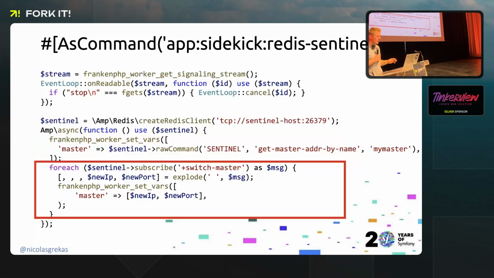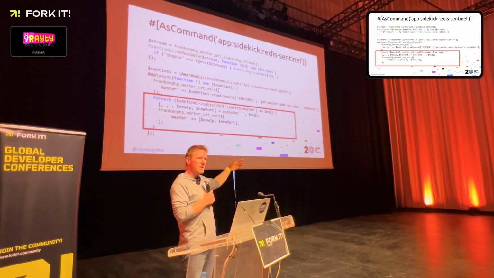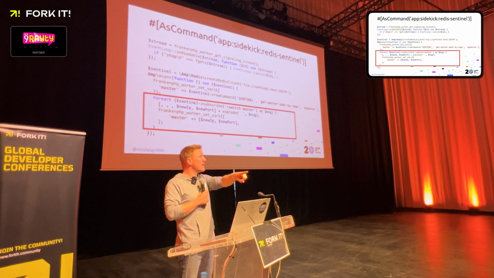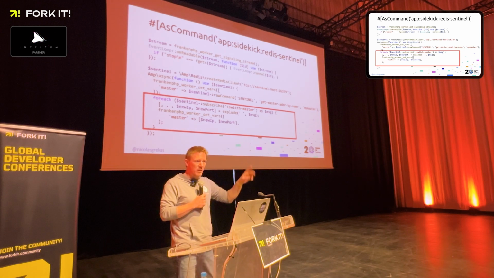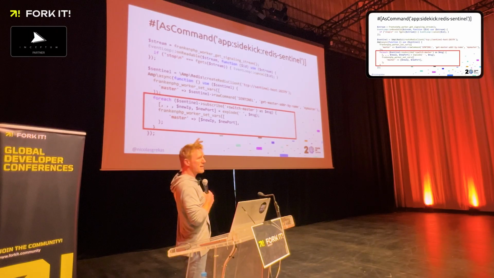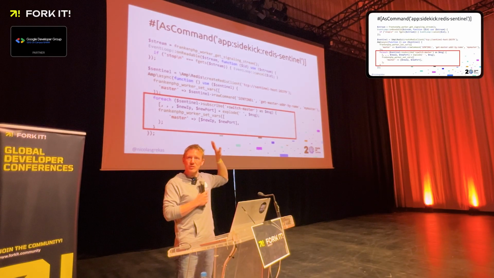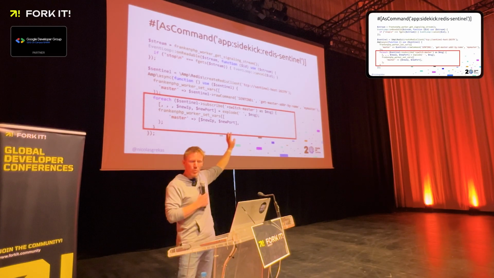And then we subscribe. This is a foreach, but it's really an infinite stream. The foreach is going to block, and every iteration means an event has just been received from the Sentinel. When the Redis Sentinel server sends us a message saying, hey, new master, it's here now, not there anymore, then we do an iteration, which means we call setVars, and that's doing basically nothing CPU-wise.